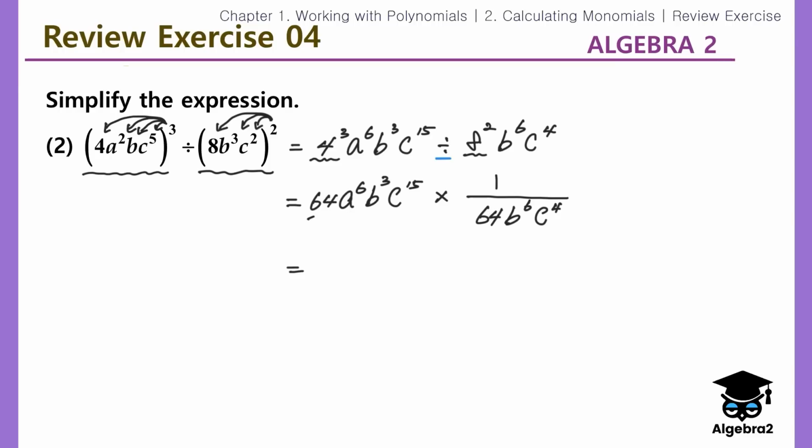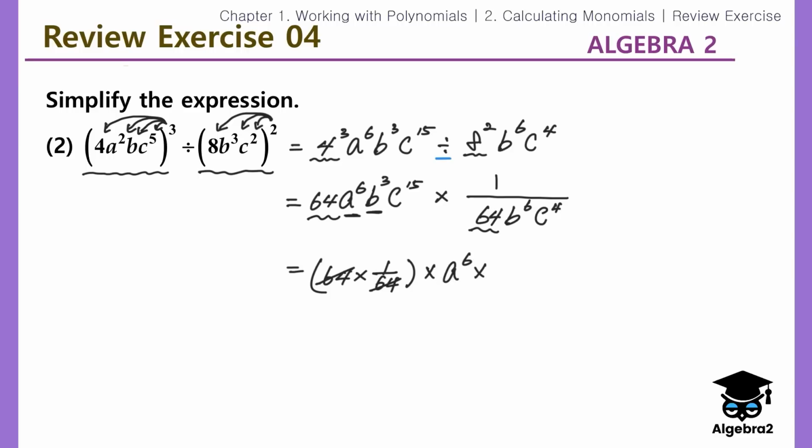So 64 times 1 over 64, that's 1. So this is just 1. And we have a to the 6. Well, that's the only variable a, right? Here we only have a to the 6. That's it. So a to the 6.